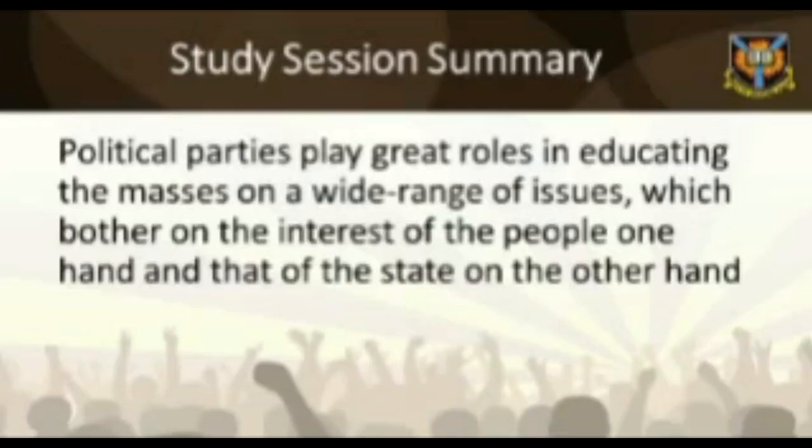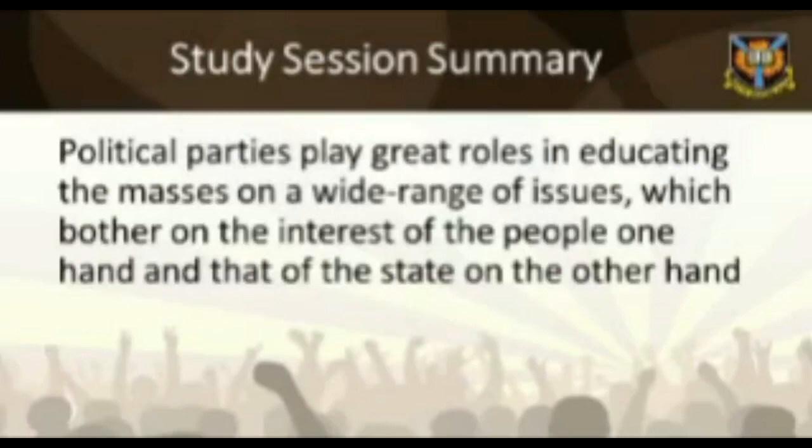Political parties do not only seek for people's mandates, but they also educate the masses on their voting rights, as well as other political rights such as right to life, right to dignity of human person, right to personal liberty, right to fair hearing, among others.